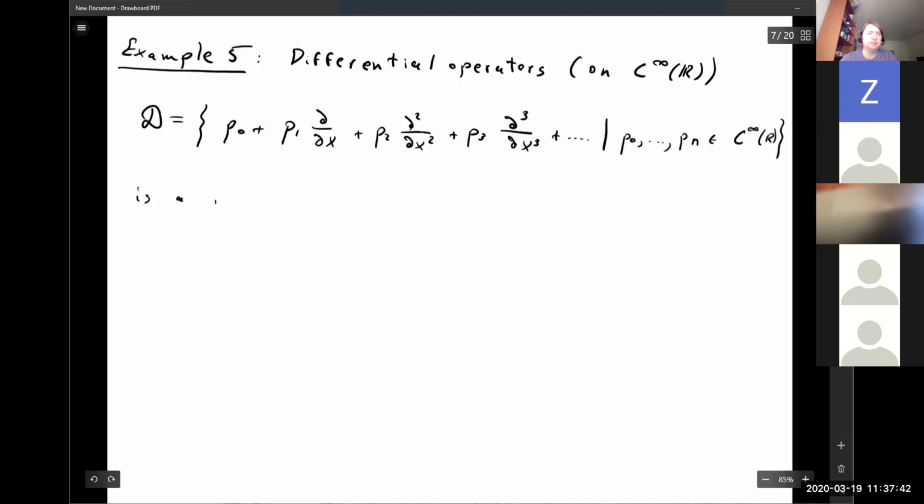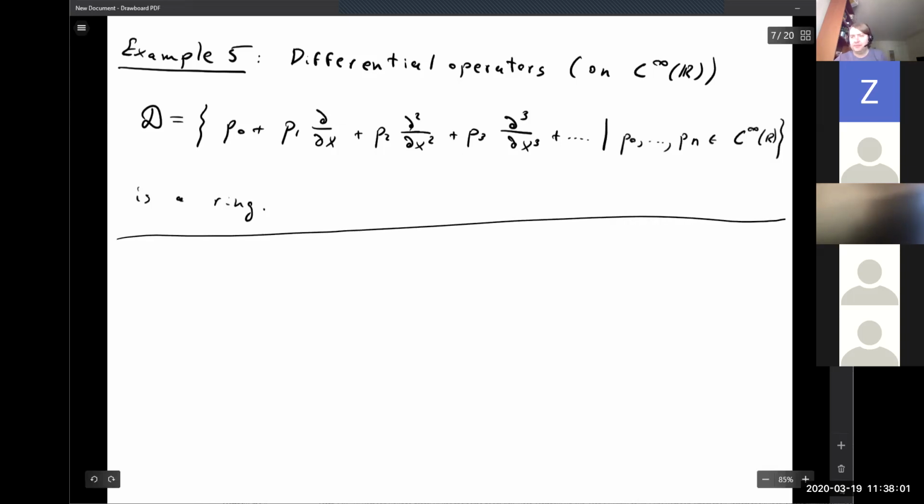I won't prove it, but you can multiply those. You can add them, and it will satisfy the distributive property, etc. Okay, so this basically concludes examples of rings. Any questions about examples?